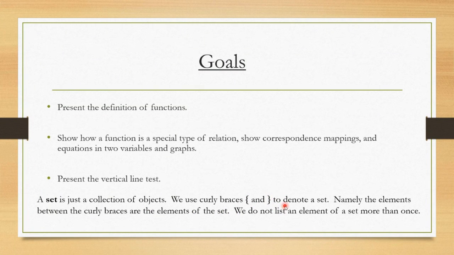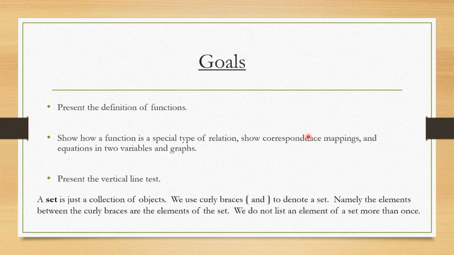We don't list an element more than once though, but we do list the elements. I think that's actually what they call the roster method. Like the roster for a class, you list each person in the class. And again, when we list the elements, we separate each element by a comma. But again, there's no repetition in a set. You can only list things once.